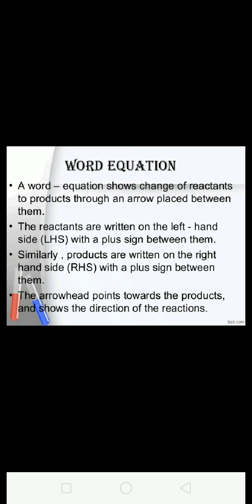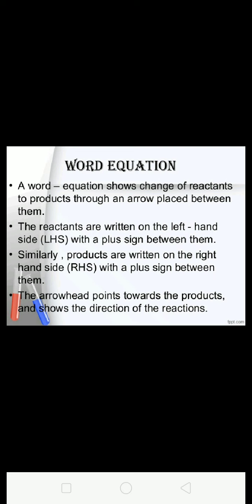Now what's a chemical change? A chemical change is that change in which new substances are formed. The combining substances have lost their identity. So what's a word equation? A word equation shows the change of reactants to products through an arrow placed between them.